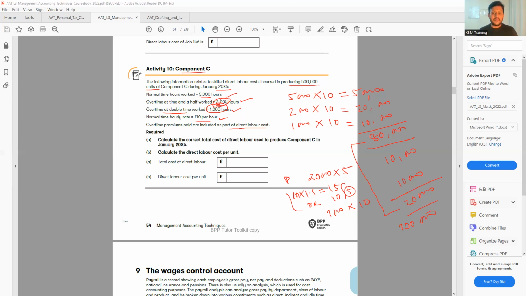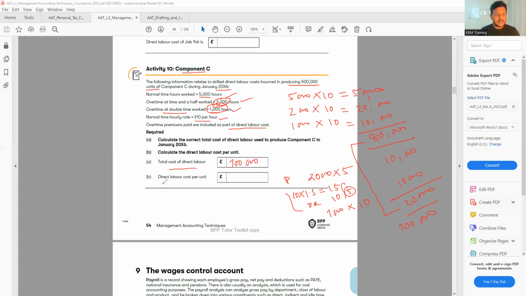Remember, even if you do it the normal way, 5,000 times 10, 2,000 times 15, and 1,000 times 20, it will give you the same 100,000, but your workings will not be correct. So the total cost of direct labor is 100,000.